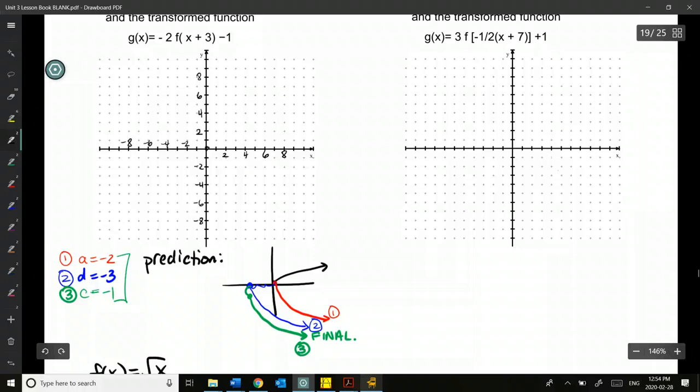Okay, graph your parent function. It looks a little bit different than the ones that we just did because the scale is different. Root x.